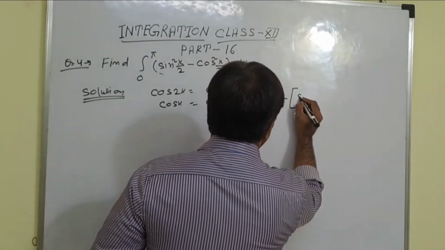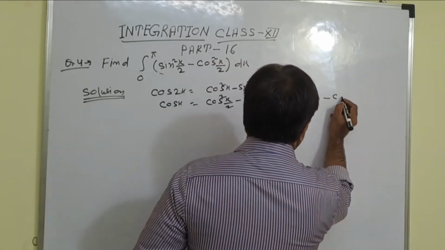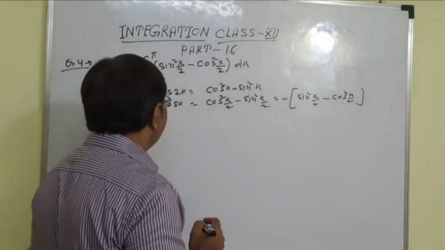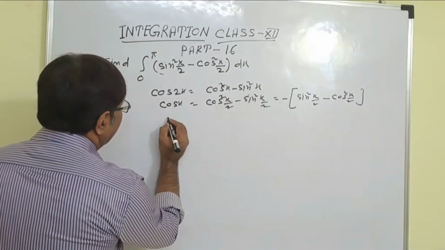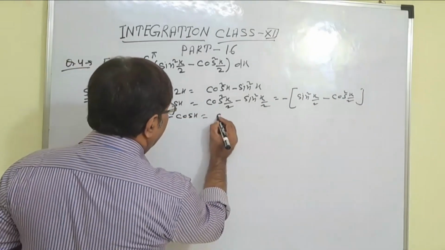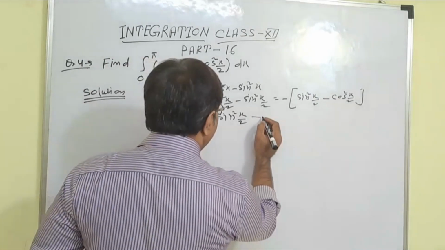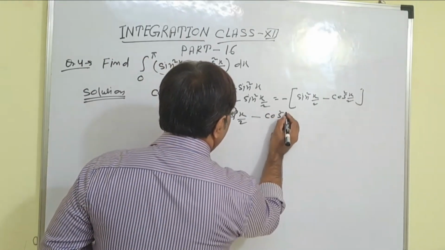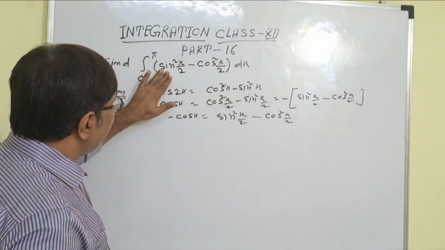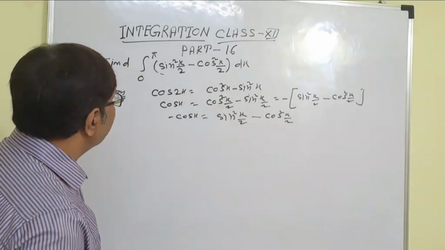Then we get minus cos x equals sin square x by 2 minus cos square x by 2. So this is sin square x by 2 minus cos square x by 2, which we can write as minus cos x.